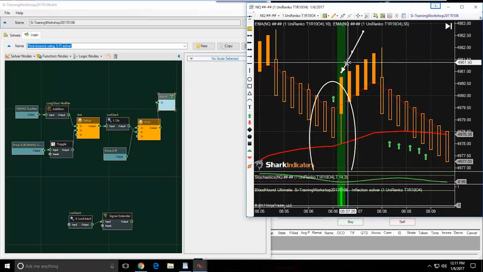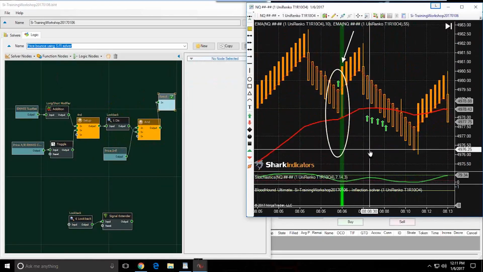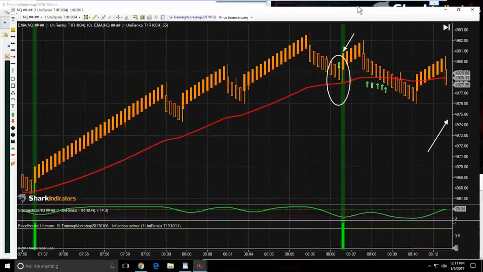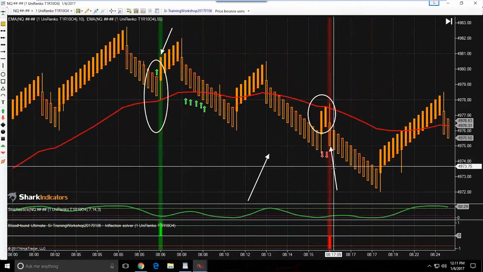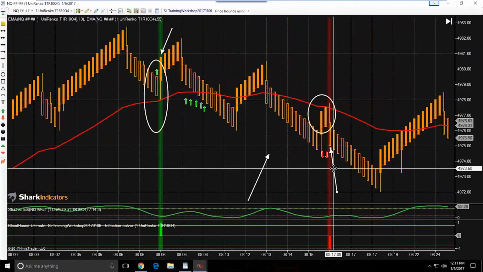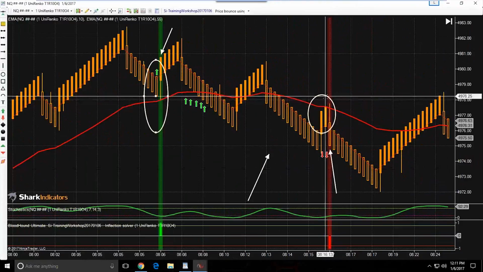There we go. So there is our bounce signal right there. All right, let's take a look at this. So there we go. There's our two bounce signals right there.